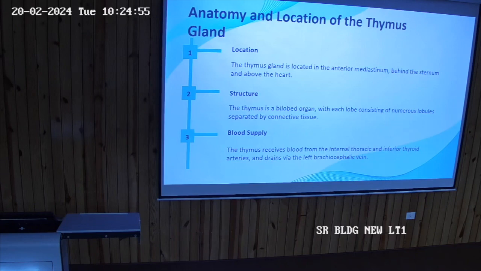During the embryonic life, yolk sac, then till what time it is getting formed in the yolk sac? And after 3 months what happens?